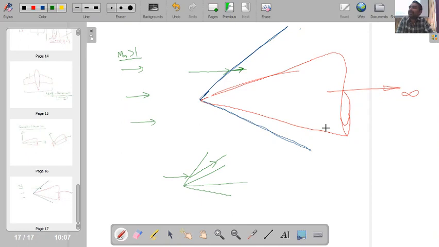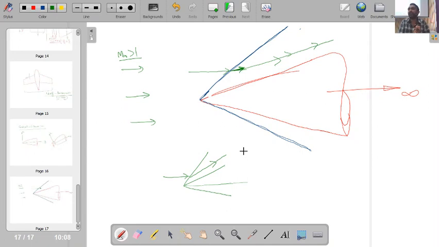But here this does not happen. In conical flow, I have some sudden change in streamline direction, but it does not immediately become parallel to the surface of the cone. First I have a sudden discontinuity, and then it takes a gradual asymptotic transition before it becomes parallel to the surface of the cone. This is something people have tested, and these are the experimental evidence. Experimentally people have observed that in a two-dimensional wedge flow the streamline immediately adjusts parallel to the surface.